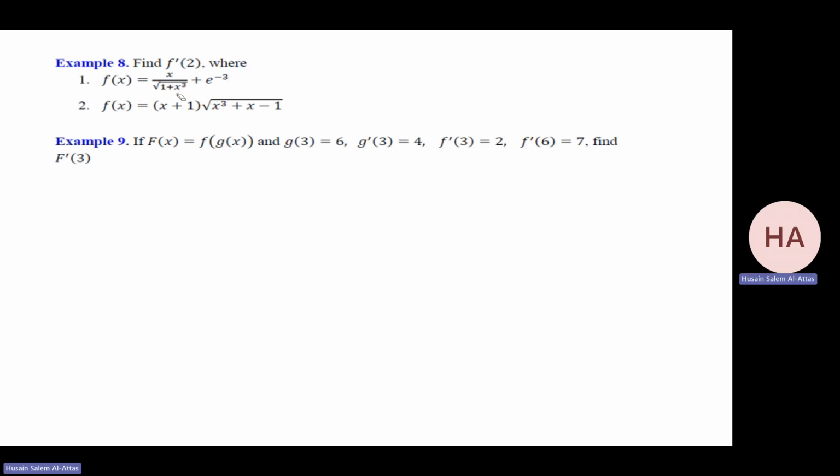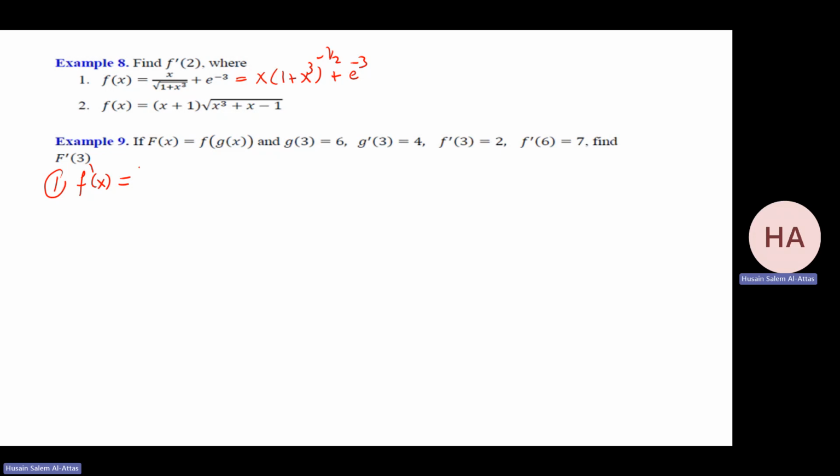Rewrite the function, make it as product, maybe it will be easier. That will be x, 1 plus x cubed to the power minus half plus e to the minus 3. This is my f. So now let me do f prime. F prime will be what? I have product rule here.